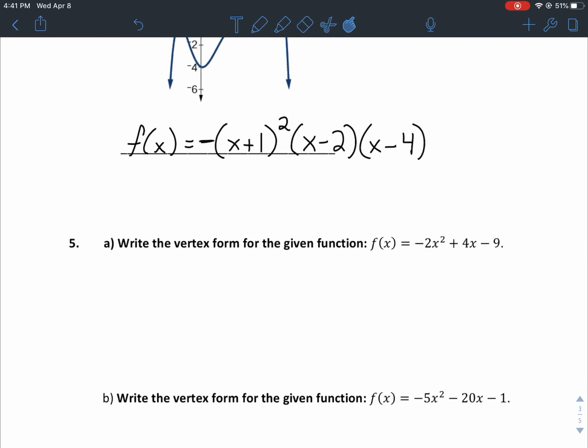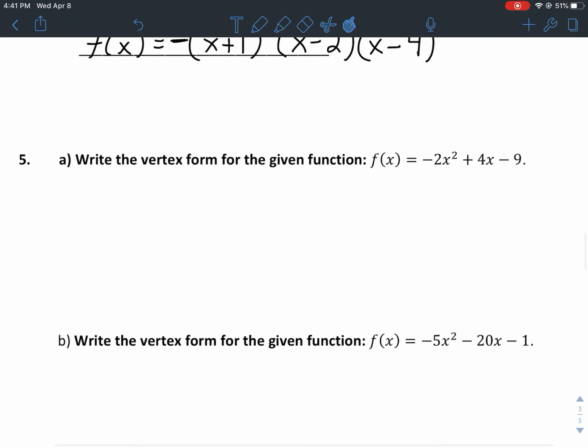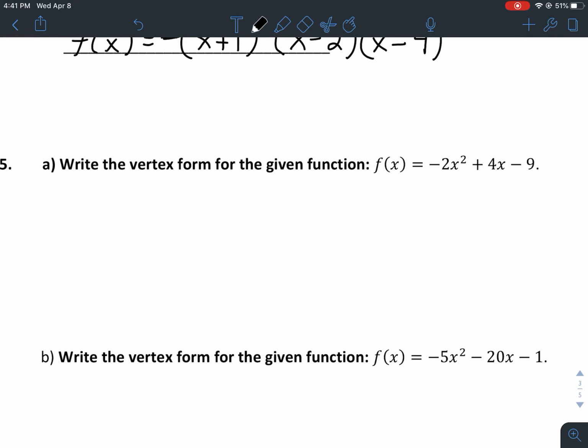Okay, so moving on to the next one here. Both of these problems are pretty similar. We need to write the vertex form for the given function. Okay, so we have f of x here. And first of all, we see that there is a number out front.